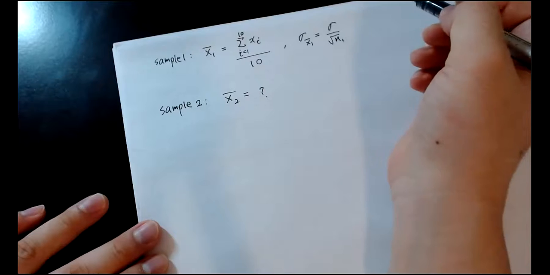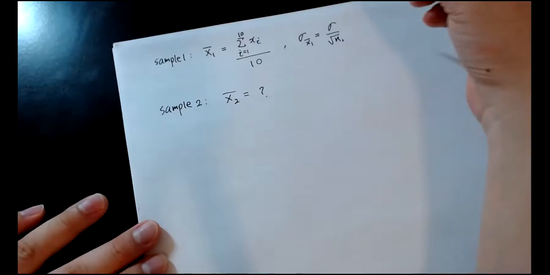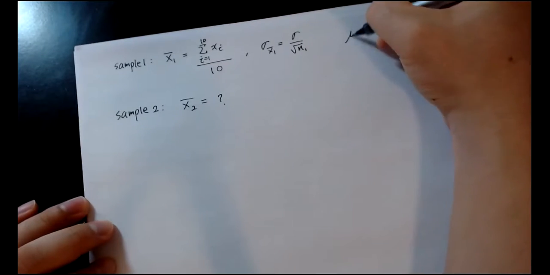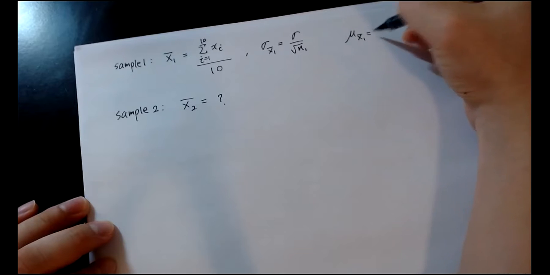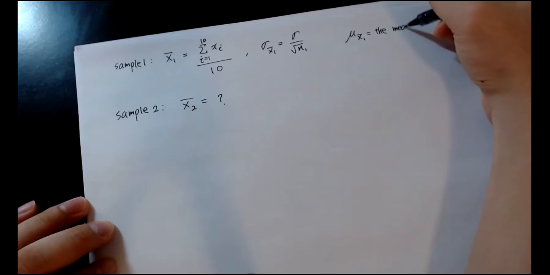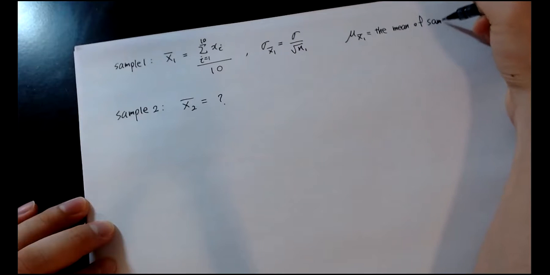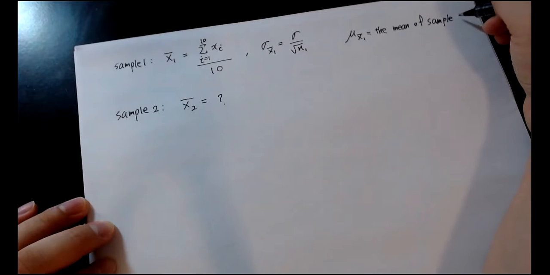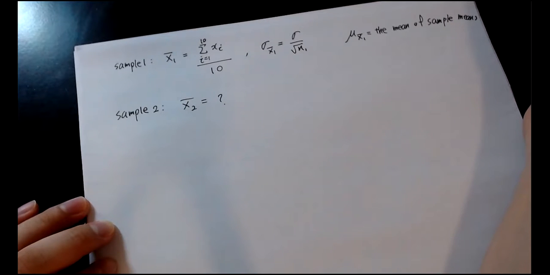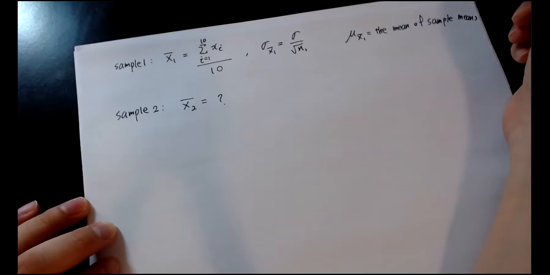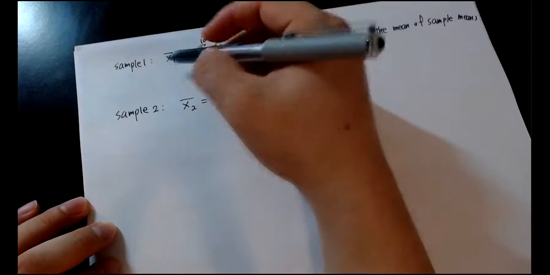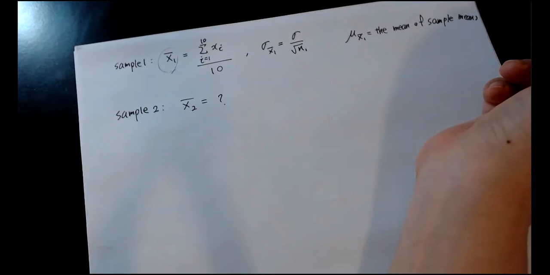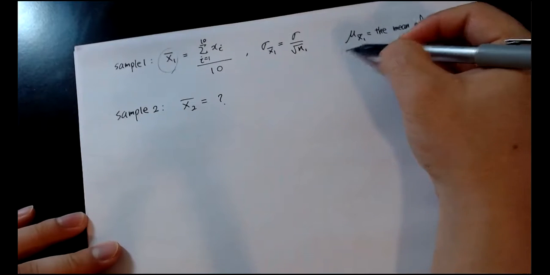Do not confuse x1 bar and mu x1 bar. Keep in mind, mu x1 bar is the mean of sample means. x1 bar is just the sample mean of the sample given in the problem with the 10 sample data. mu x1 bar is the mean of sample means.